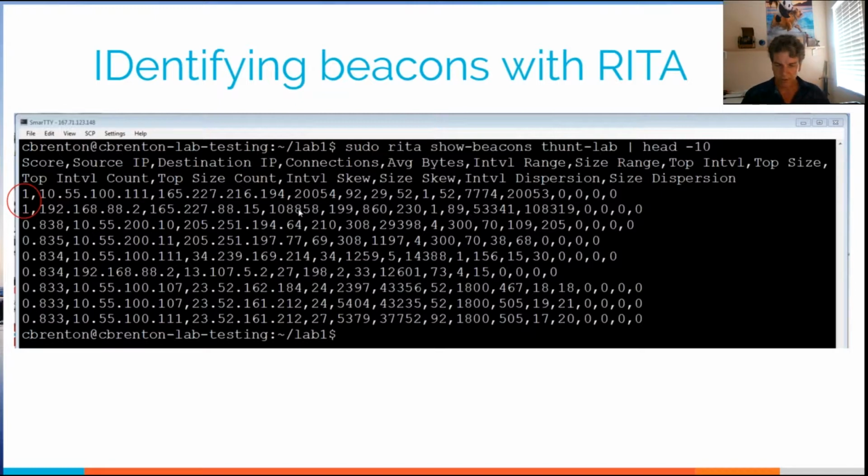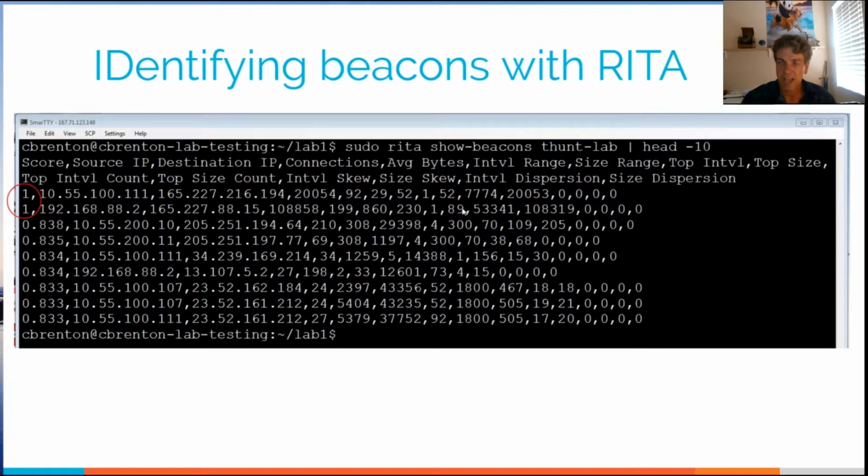Remember, we figured out that one was just DNS traffic talking to a local resolver. RITA already figured out, no, that's not a beacon. It's kind of bursty and doesn't look programmed in. Don't worry about that one; it's probably off this list of 10 someplace. So it focused in on these first 2, which are the 2 that we looked at and said, yeah, this is something we need to worry about.